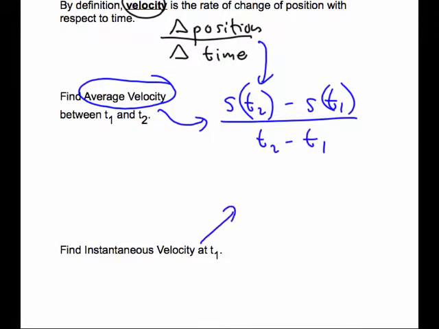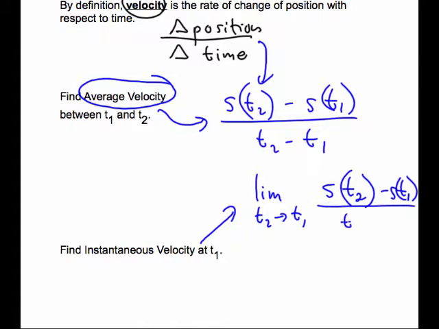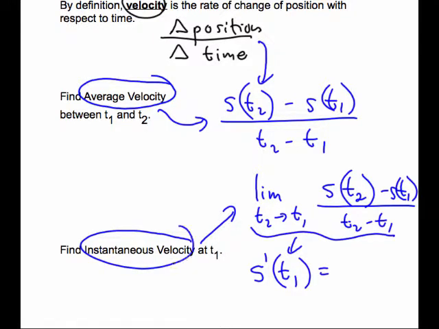To get instantaneous velocity, simply take the limit as time 2 approaches time 1 of the average velocity, and notation-wise that would be s prime of t1, which for convenience, since velocity is so important, we will just call v of time 1.